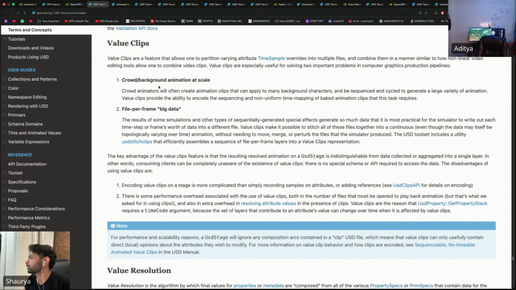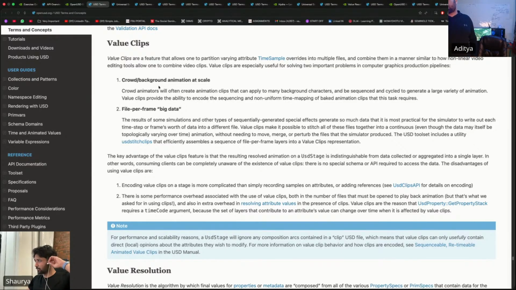There is also some performance overhead, both in the number of files that must be open to play back animation, but that's what we asked for in using clips, and in extra overhead in resolving attribute values in the presence of clips.